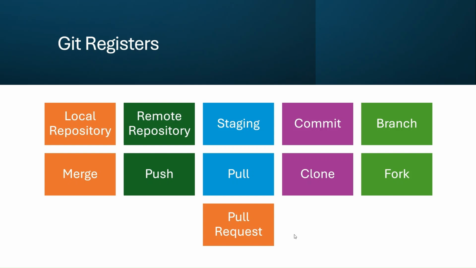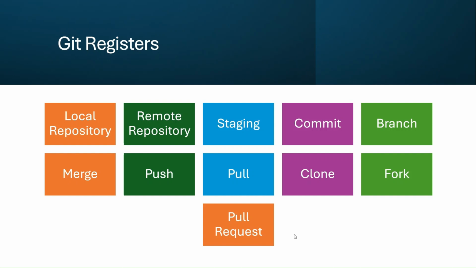Now, I guess you understand what local and remote repository are already, and push and pull, but I'm going to explain them anyway. The word repository is like a storage space where your project lives. Before your project can live online, most likely it should have lived offline on your own laptop.